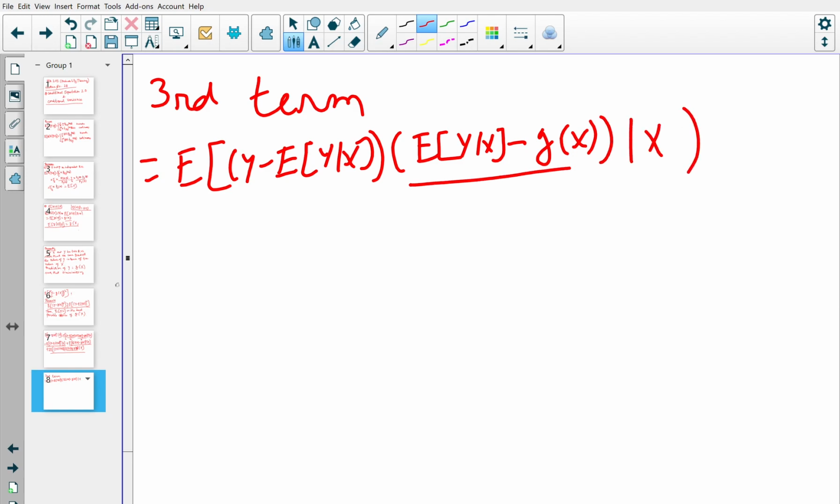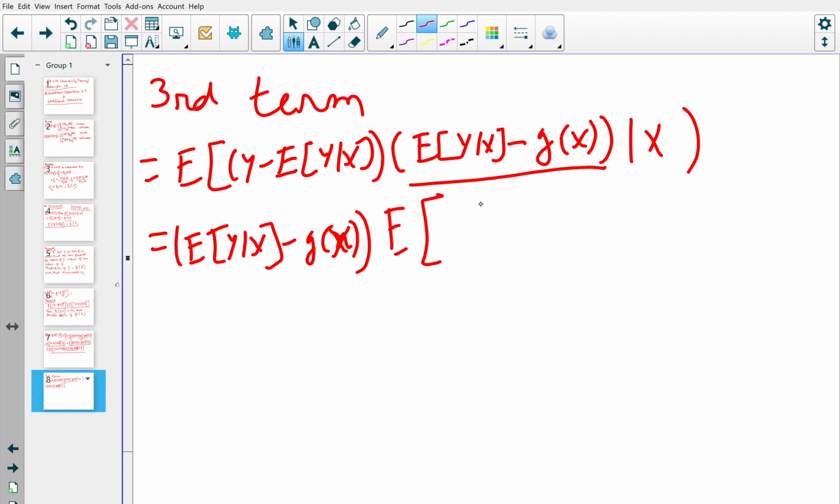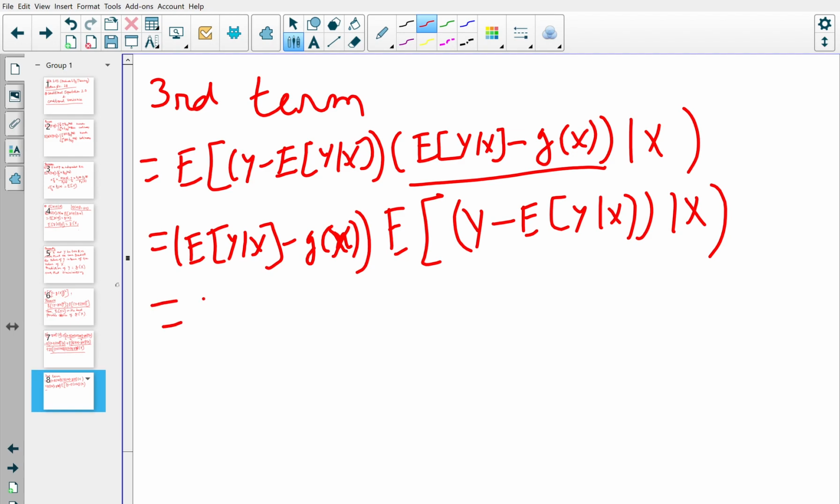The second factor is a function of x, and you are doing expectation with respect to x, so it can come outside. Then inside you have the expectation of y minus the expectation of y given x, given x.